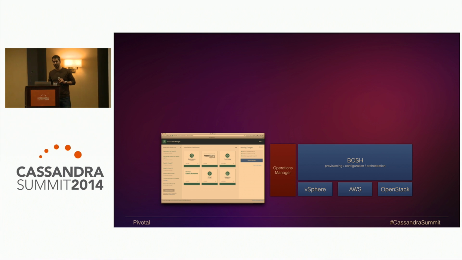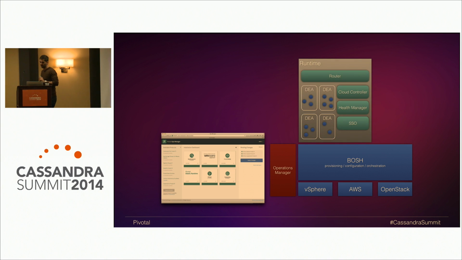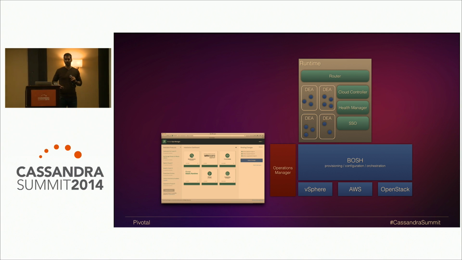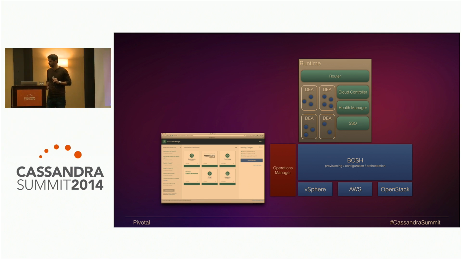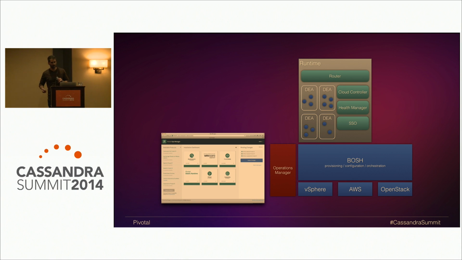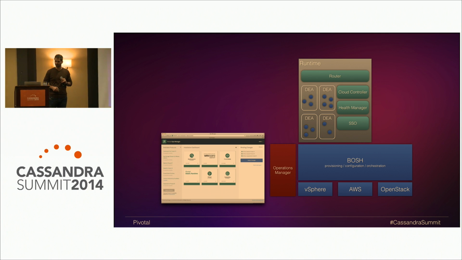And again, it shows a web-based dashboard to the operator so they can easily install other things like Cassandra alongside it. When the operator installs the runtime tile, which is the heart of Cloud Foundry, Ops Manager deploys this complex system, which basically involves a routing layer, a layer for managing the applications, the application lifecycle, single sign-on, things like that, a health manager to make sure everything keeps running.